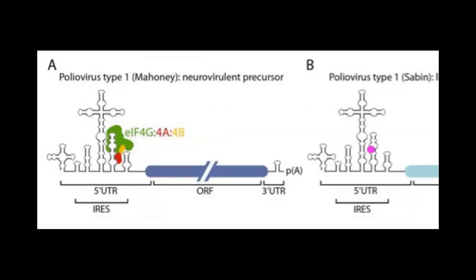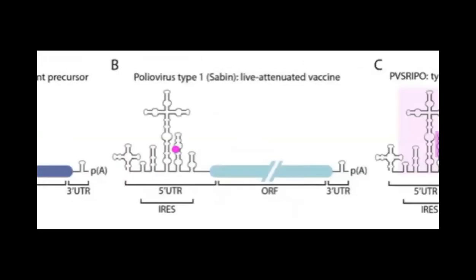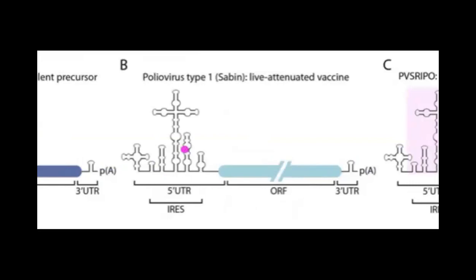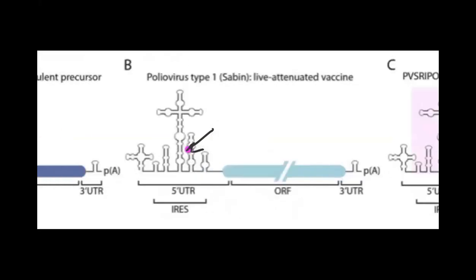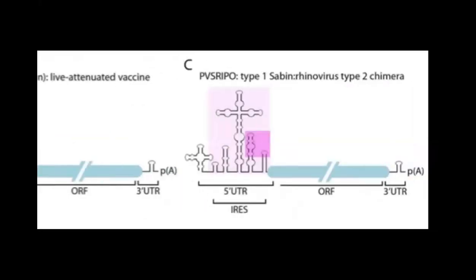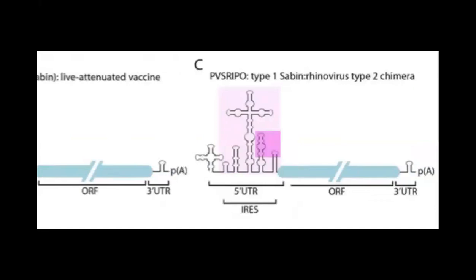Now, the Sabin live attenuated, this is a single point mutation. And here is the actual treatment for the glioblastoma.